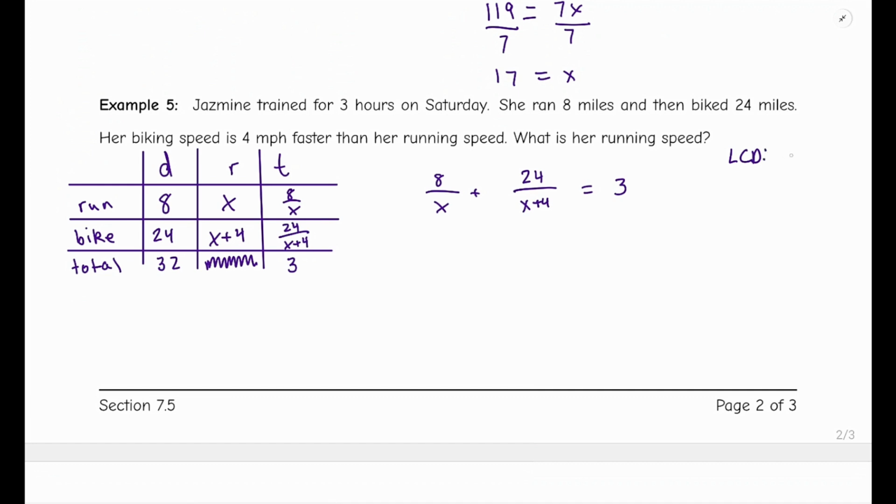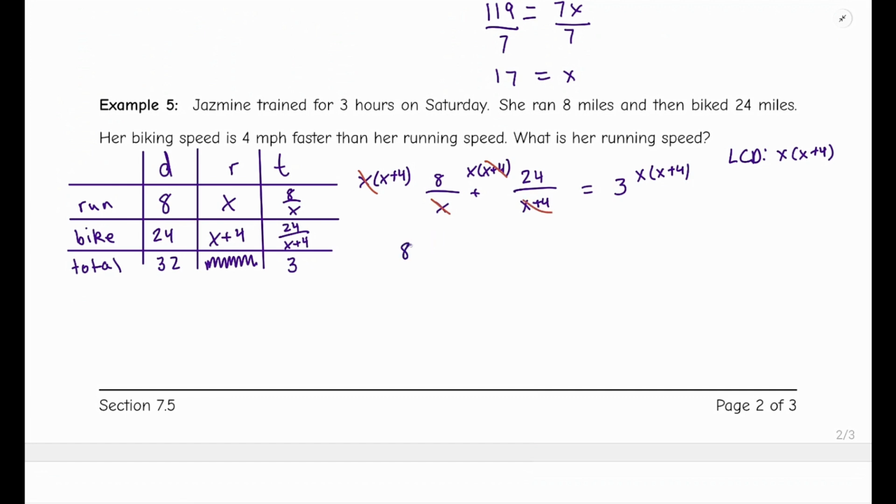Our LCD here is x times x plus 4. So I'm going to multiply everything by that. The left fraction, the x cancels out. The middle fraction, the x plus 4's cancel out.